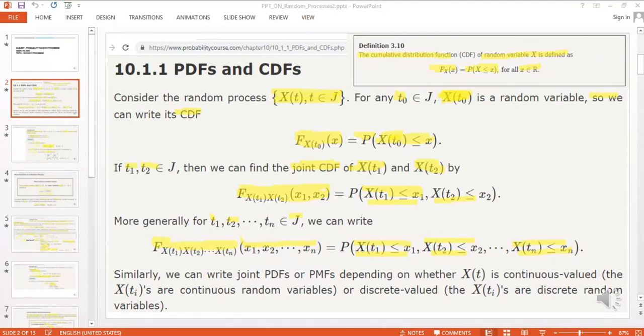So here we consider X(t) as a random process, and for any t_0 belongs to J, X(t_0) is a random variable.